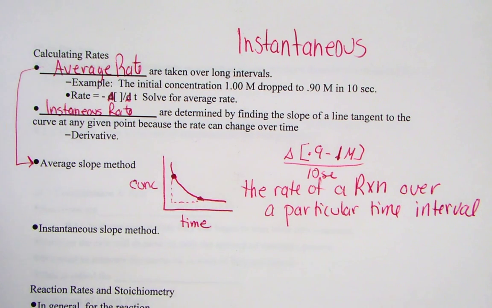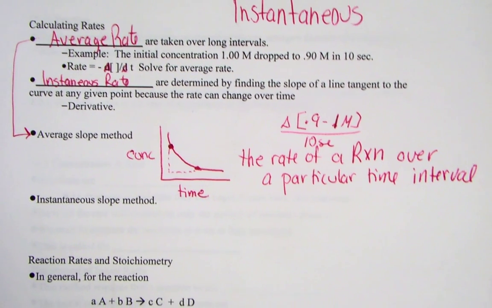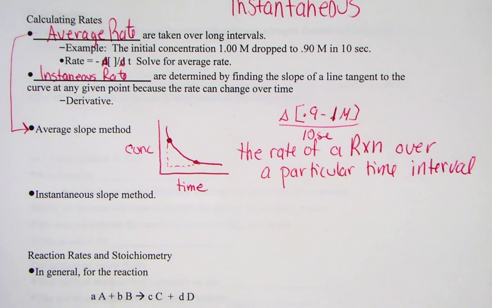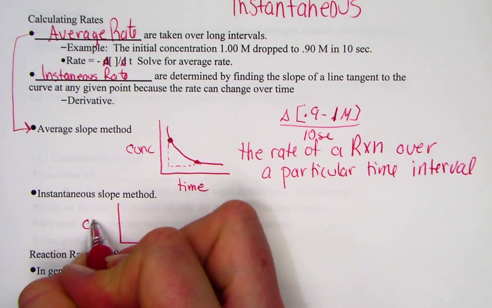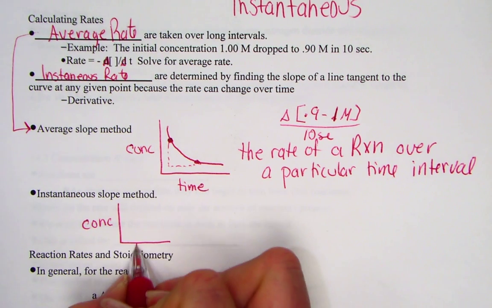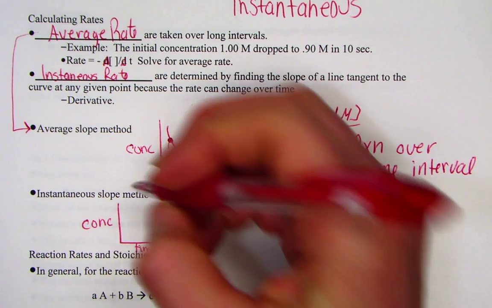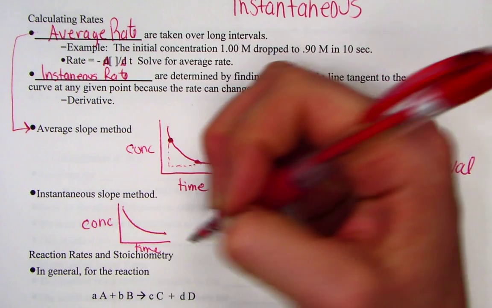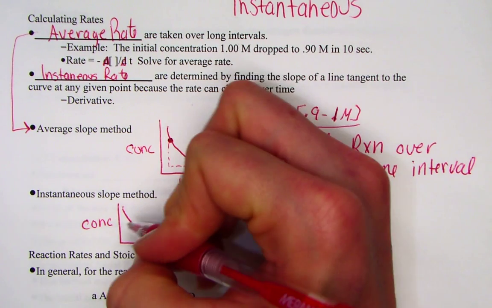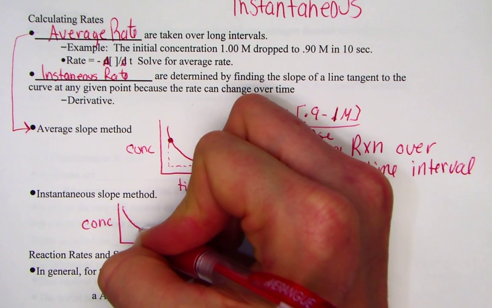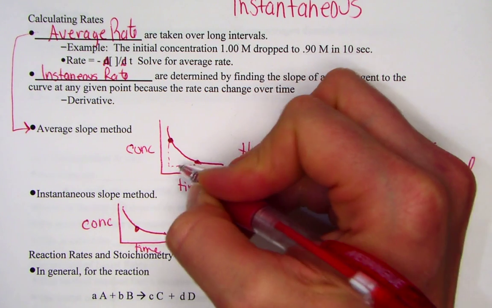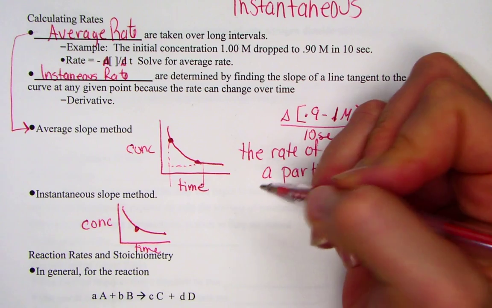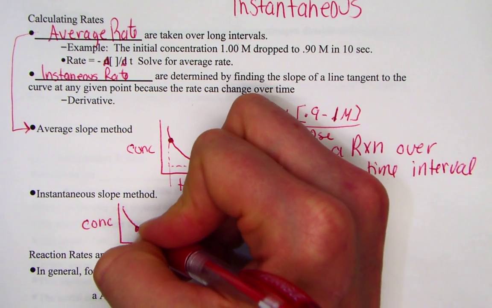A second way to calculate that, and let me represent that on a graph, is called an instantaneous slope. Let's consider the same set of XY axes, concentration versus time, and we'll just call it reactant A. I'd like to know how fast the reaction is occurring at an instant in time, not over an interval of 10 seconds, but right here at this time.